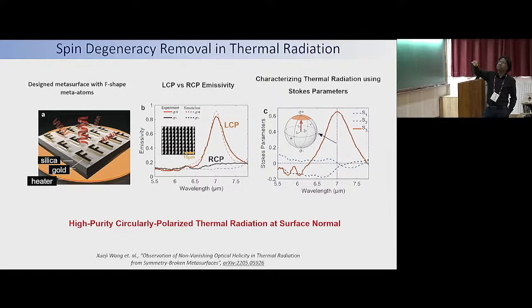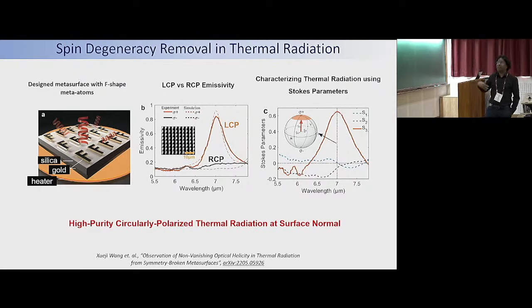And you can see that for the left circularly polarized thermal radiation, there's a large thermal emissivity, but by heating the object, the right circularly polarized thermal radiation is suppressed. And that's essentially what you see in the black curve.